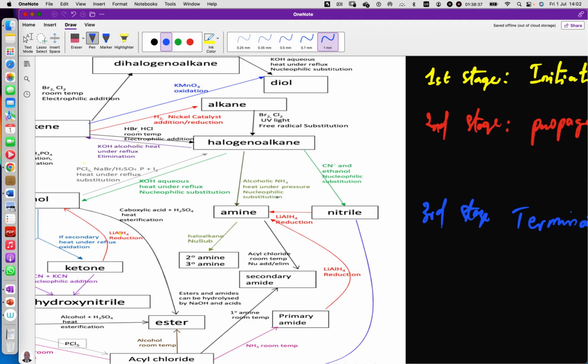When ethanolic ammonia is heated with bromoethane, for instance, bromine is substituted by an amine group to form an ethyl ammonium bromide salt, and this reaction will continue until ethylamine, which is a primary amine, is formed. That is how the reaction goes. So that is the last stage of it.